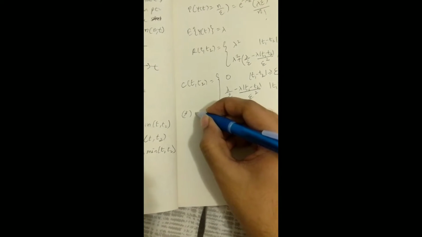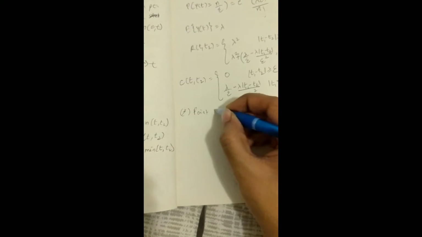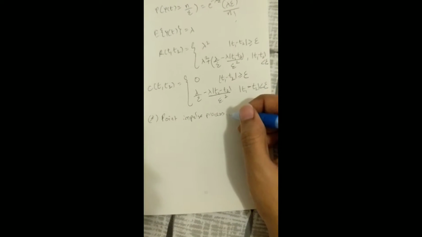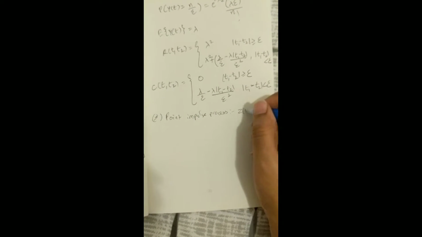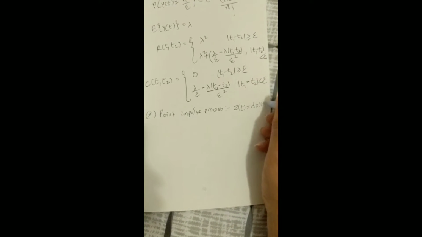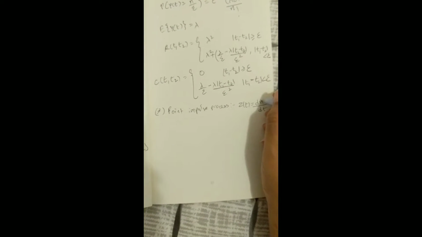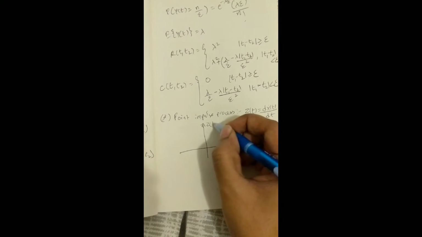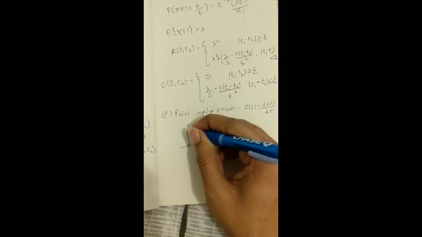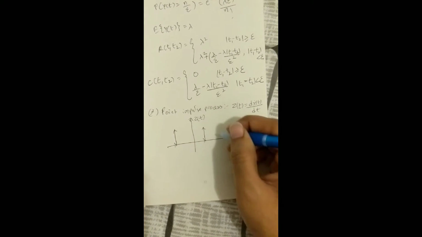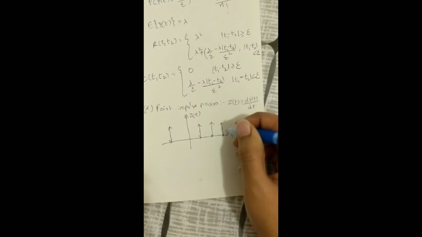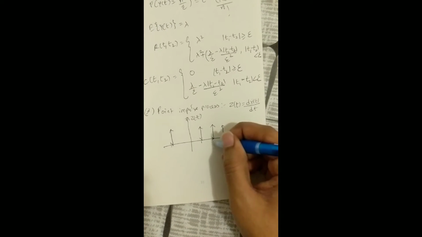The next one is the point impulse process, and it's defined as z of t is equal to dx of t divided by dt, where x of t is a Poisson process. So it looks like this. This is z of t. Ti.